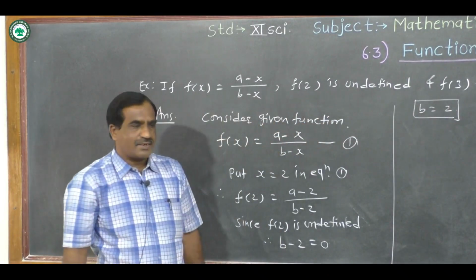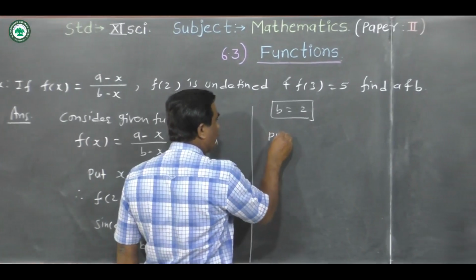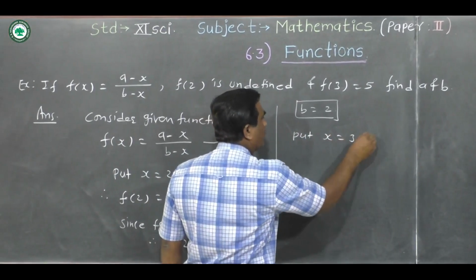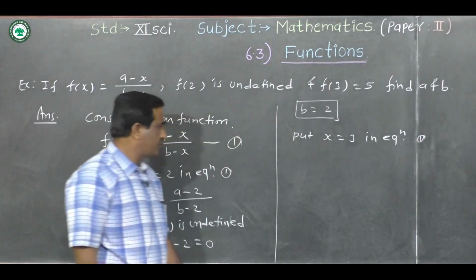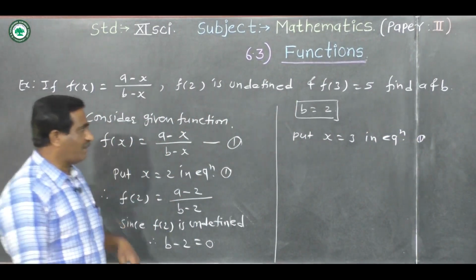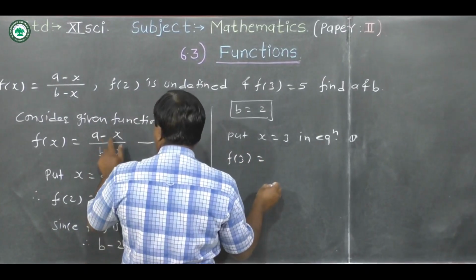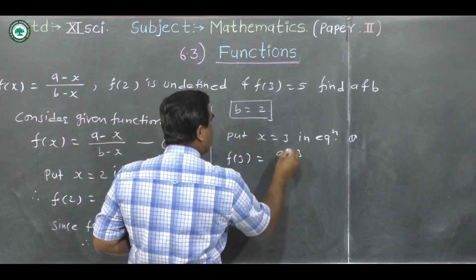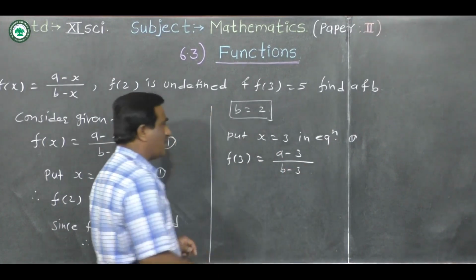Now consider the second given term, f of 3 equal to 5. Put x equal to 3 in equation 1 here. Therefore this equation becomes f of 3 is equal to a minus 3 upon b minus 3.